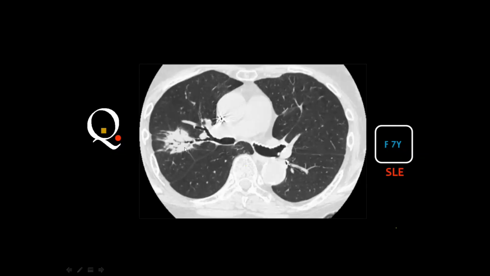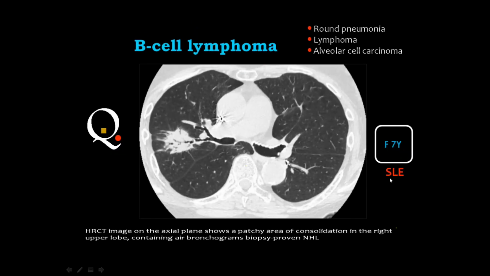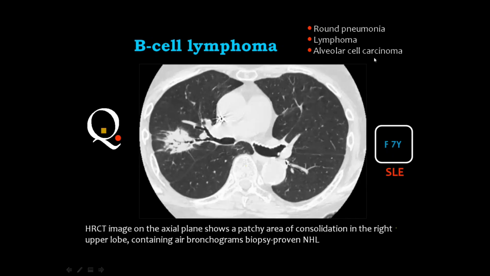If you see a lesion with internal air bronchogram, you have three possibilities. These three possibilities are round pneumonia, lymphoma, and alveolar cell carcinoma. We do not usually diagnose round pneumonia unless you got a positive history of pneumonia, meaning that the patient had cough, fever, and expectoration. Then if you do not have positive data to diagnose pneumonia, then you go to the other two possibilities, either lymphoma or alveolar cell carcinoma.